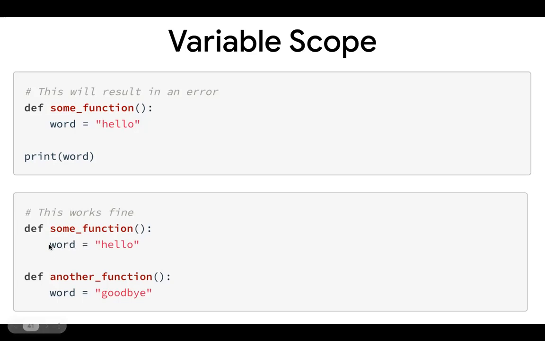Because the word variable is created inside this function, and its scope ends when we start a new line. Then we define word in another function, and its scope is only within this function.